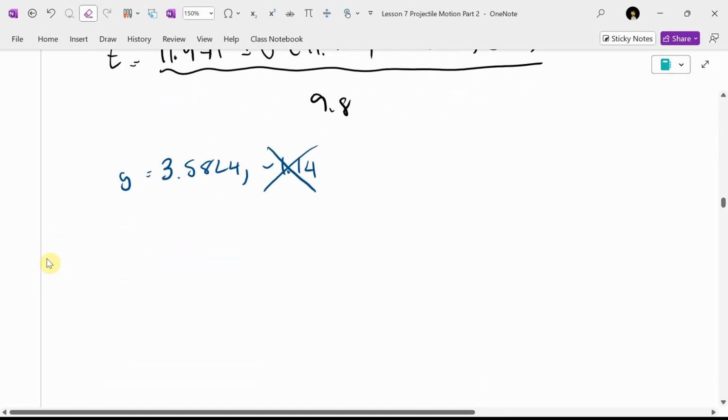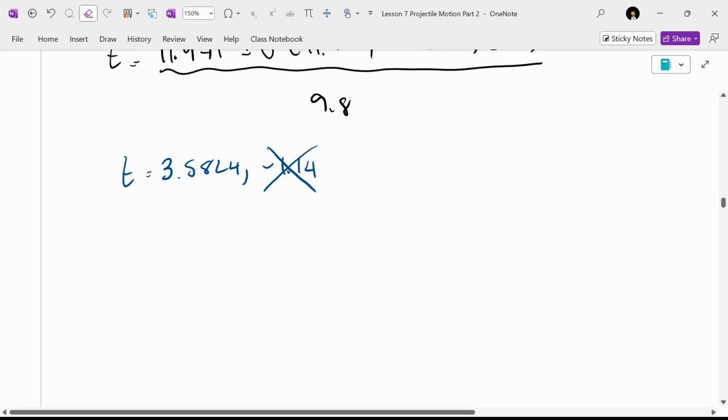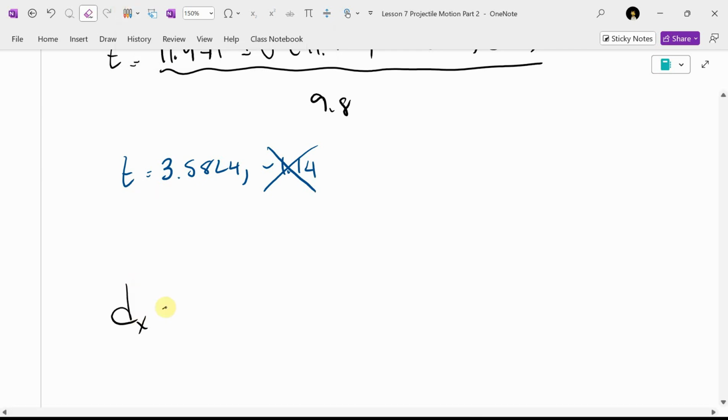Carson, that's not what they asked me to find. What did this question ask? You asked me to find dx. I just found time. I wrote g equals, it should be t equals. How can I use this to find dx? dx equals vx, not vit.